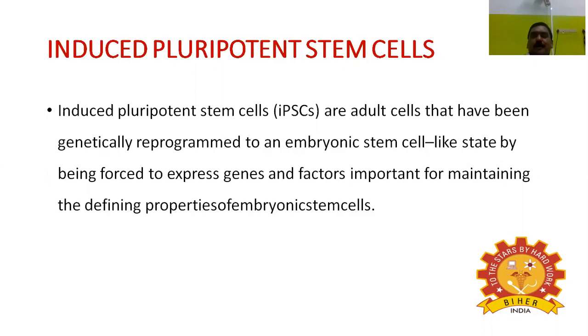The induced pluripotent stem cells are adult cells that have been genetically reprogrammed to an embryonic stem cell like state by being forced to express genes and factors, which are very important for maintaining the defining properties of embryonic stem cells.